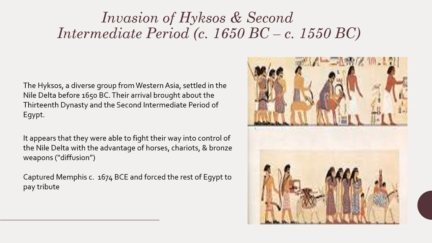We know the Indo-Europeans look like they were the first to have these advantages, but they spread through diffusion, and the Hyksos got them before the Egyptians did. But the Egyptians eventually got them, as usually happens, and were able to kind of square things in time. The Hyksos, for a brief period, captured Memphis and forced the rest of Egypt to pay tribute to the capital from far away.